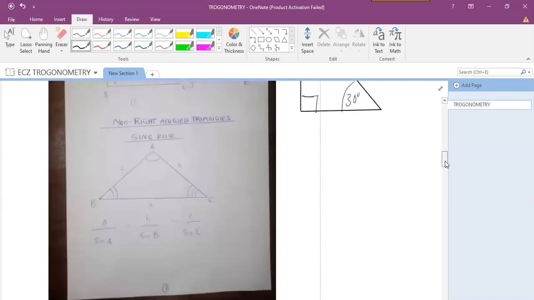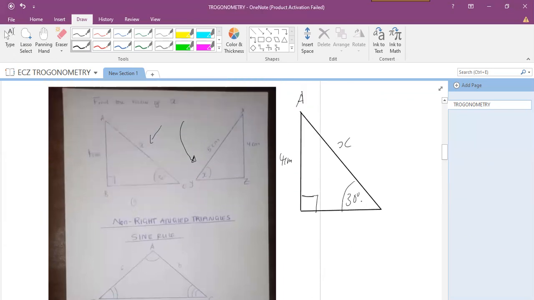Every time you see a question like this and they say, let's find X, which is the distance AC, you have to ask yourself, what have we been given? What is this x that they want us to find? You follow it from the tip and x is the hypotenuse, and the angle is this side.